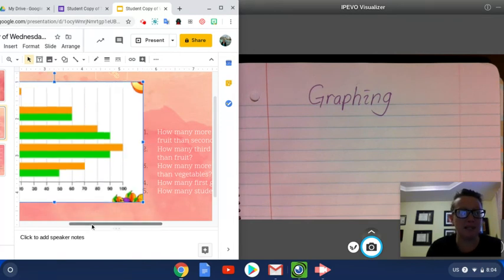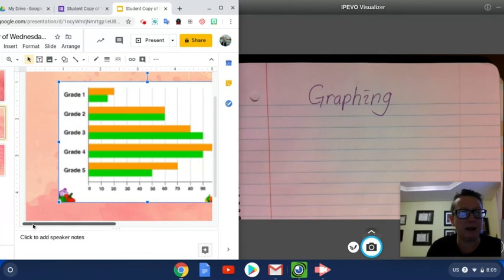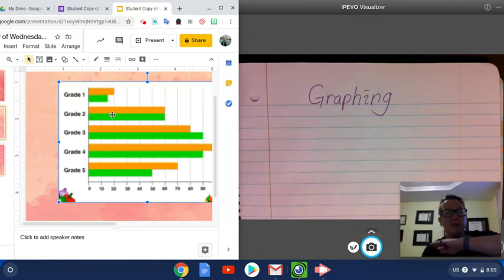Okay, now we can see everything. So let's look at our bar graph. And we can see here, now this is a little bit different. This is a horizontal bar graph because the bars are going horizontal or side to side, not vertical up and down. So we have our categories and we have our scale. What is our scale counting by? Great job. It's counting by tens.